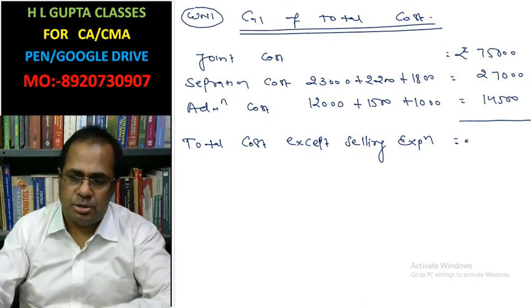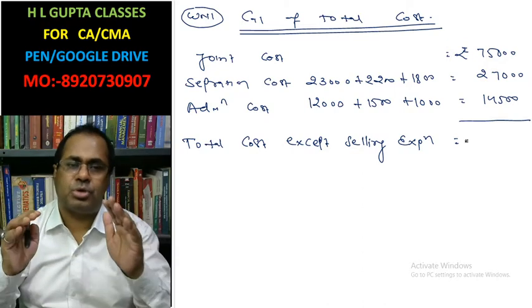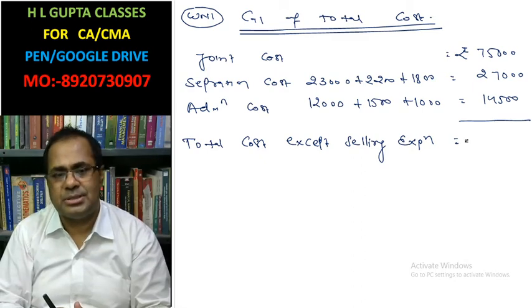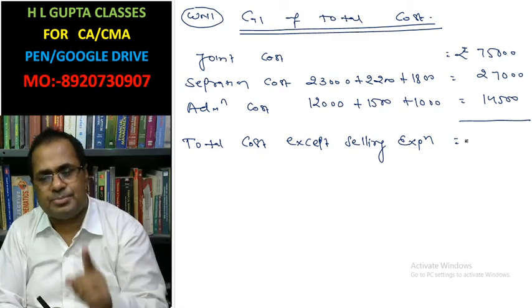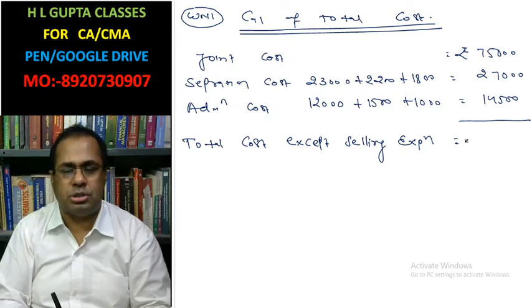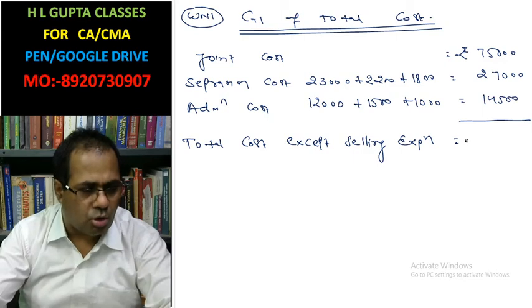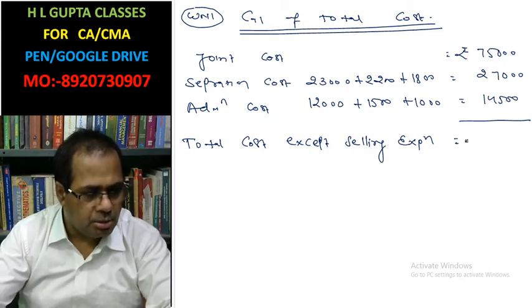How to calculate the selling expenses? That is sales minus profit minus total cost except selling expenses.